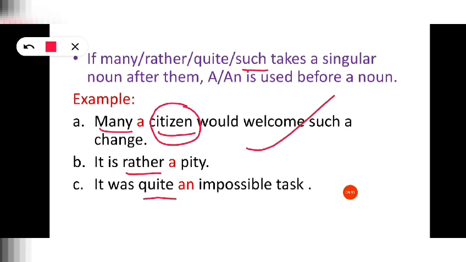Okay, and citizens means many. So here we are talking about one. So that's why whenever we talk about one, we are always going to use an article before it. Okay, now which article? Either a or an. Okay, how are we going to decide? Again, we'll check the first alphabet, it's C, citizen, S. So the sound is coming that of a consonant, and that's why we put a here.